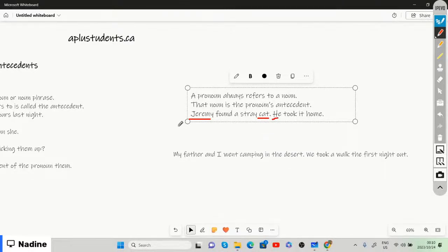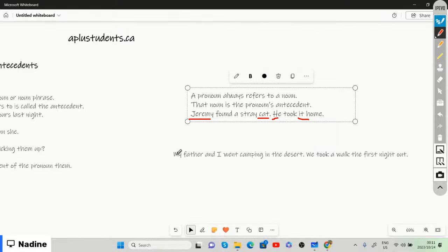He, which refers to Jeremy, took it home, which refers to the cat. So he is the pronoun and Jeremy is the antecedent. It is the pronoun of cat, and cat is the antecedent.